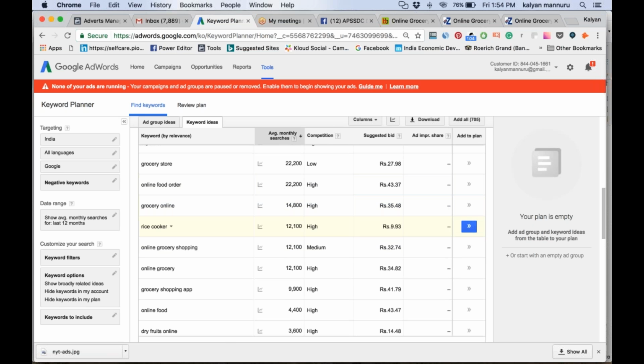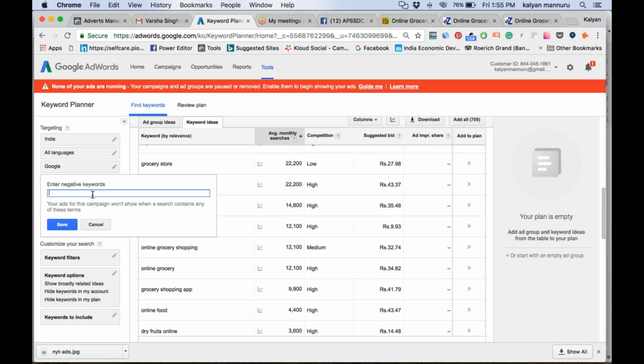How do I remove? Cooker is also one word that I may not sell. So for removal of unwanted keywords, we have something called negative keywords right here. So if I want to remove all those keywords with food in them, I can just enter it here.